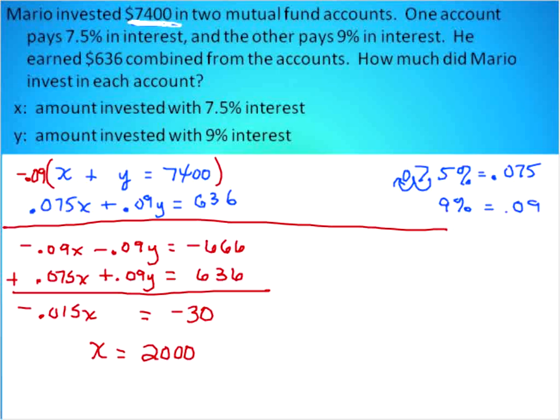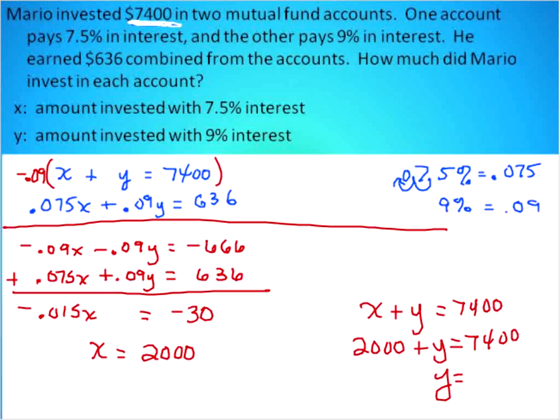Oops, I'm sorry, I'm not writing that correctly. We know that x plus y is equal to 7,400, so substitute the x value of 2,000. Subtracting the 2,000 gives you y equal to 5,400.